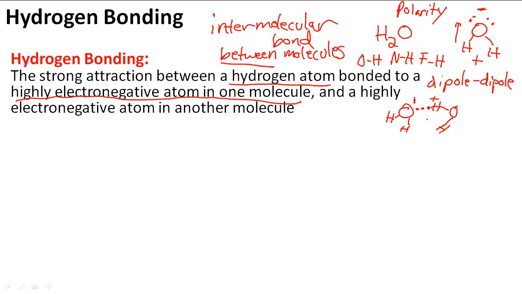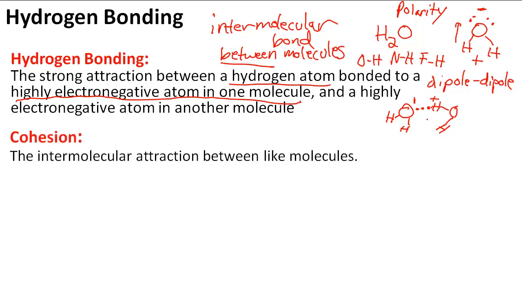This type of bonding gives liquids and other water specific properties that we can use, and we're going to talk about the 3 different properties that are part of discussing why hydrogen bonding is really important. So cohesion, which is a property of some liquids, is that they have intermolecular attraction between the like molecules.